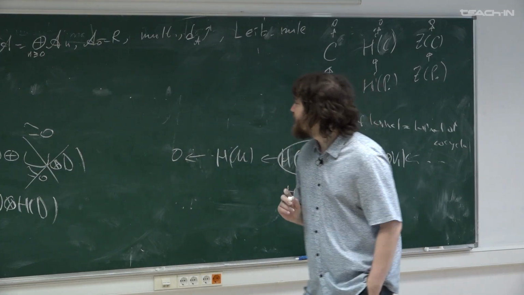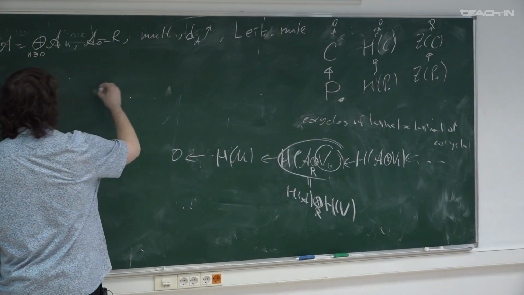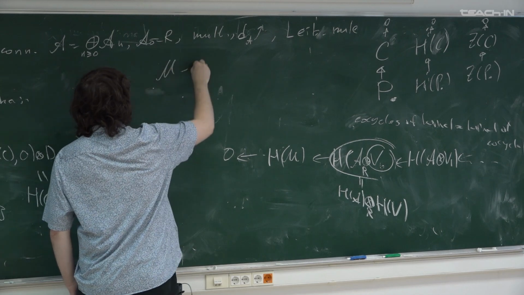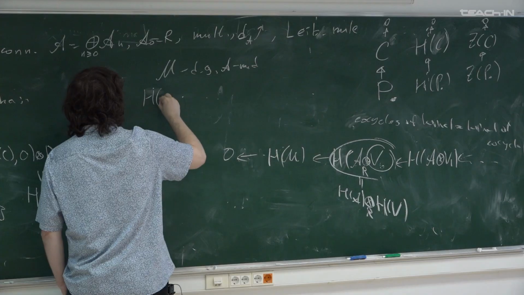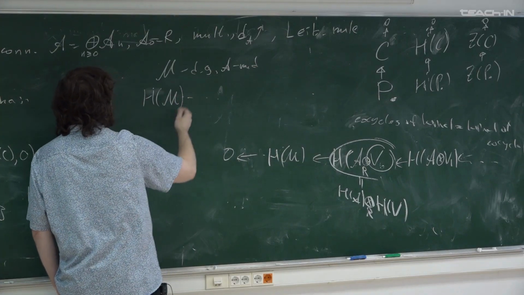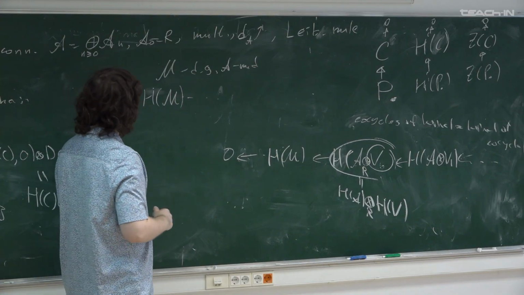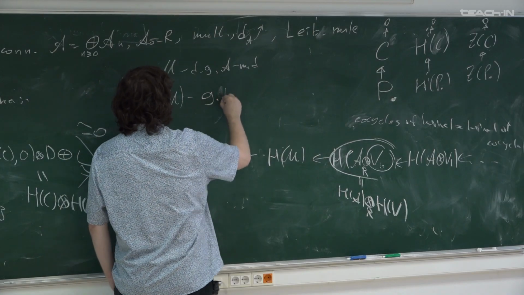And another easy observation is that if M is a differential graded module, then its cohomology is just a graded module over the cohomology of A. It's a graded homology module.